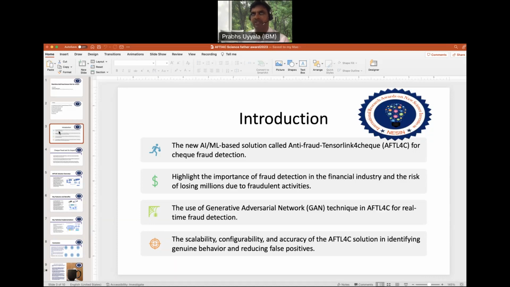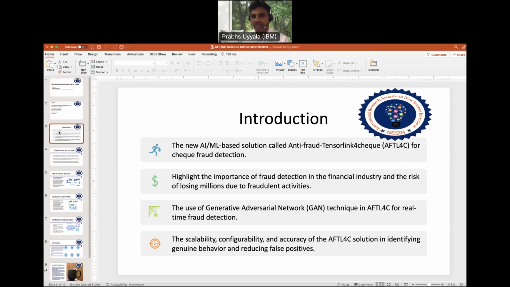For example, if anybody changed the amount on the check, changed the signature, did a forgery of the check, or changed the payee address or payee name, all those things. If anything is changed, by using the latest artificial intelligence models, the system is going to detect whether the check is modified or not.